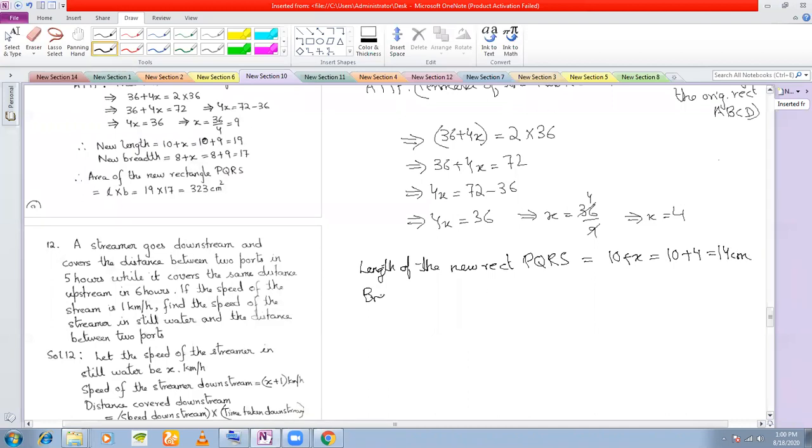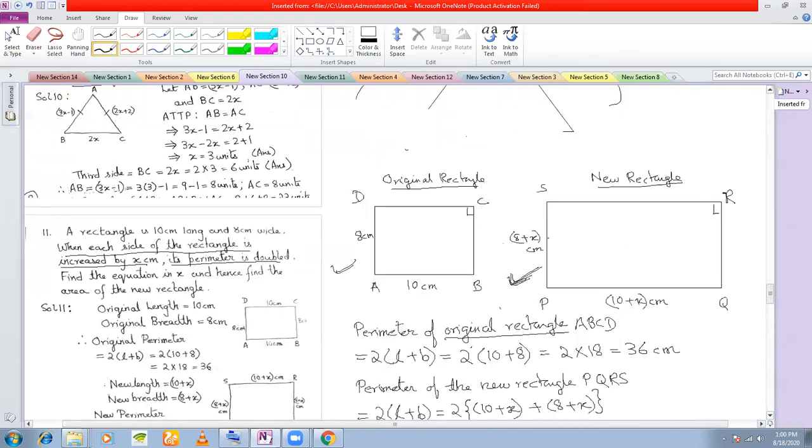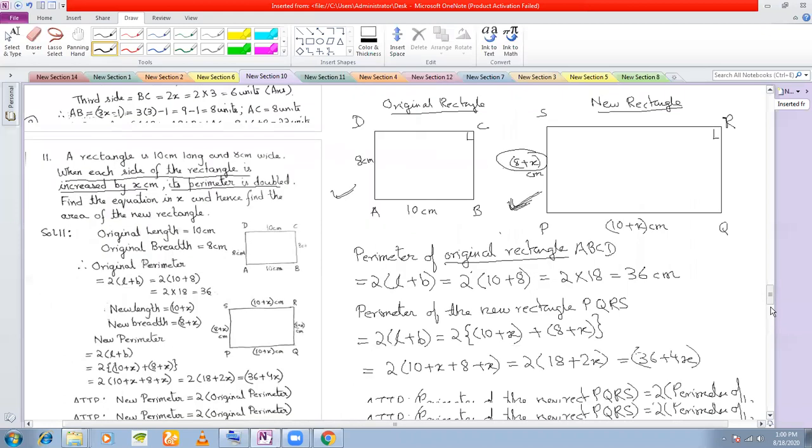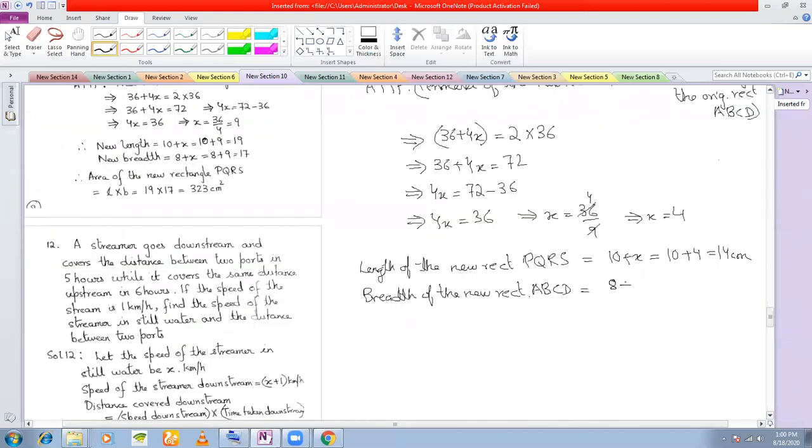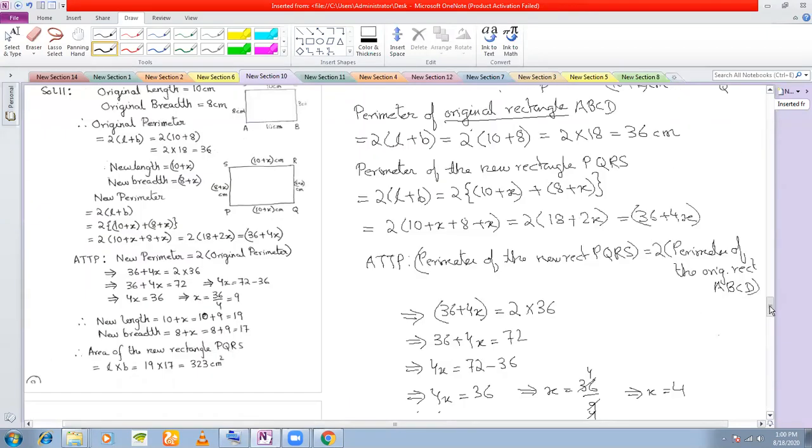Breadth of the new rectangle is equal to, what is the breadth? Yes, 8 plus x. 8 plus 4, 12 centimeter. Therefore, what is the area? The question is to find the area of the new rectangle.